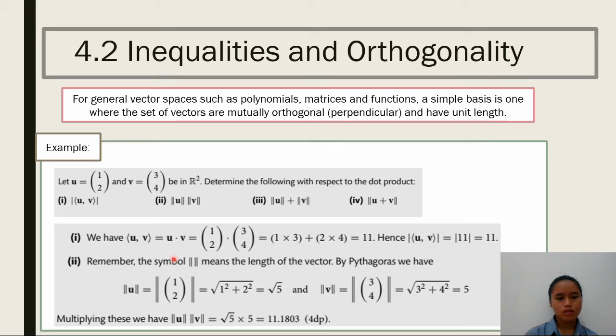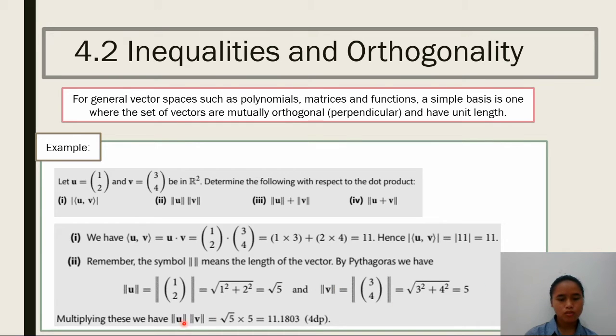For number 2, the symbol means the length of a vector. So for the length of u we have this, and for the length of v we have this.